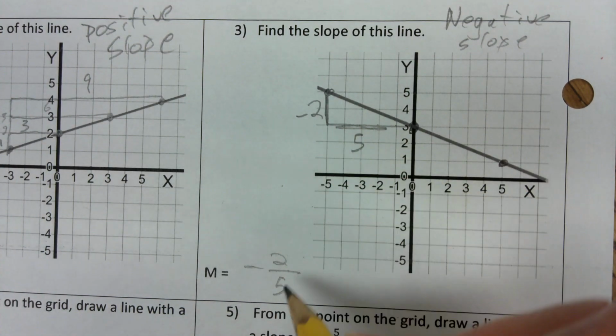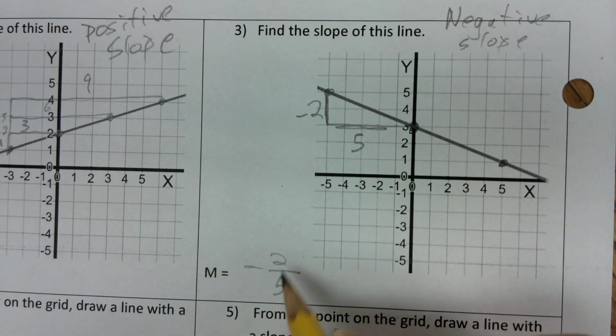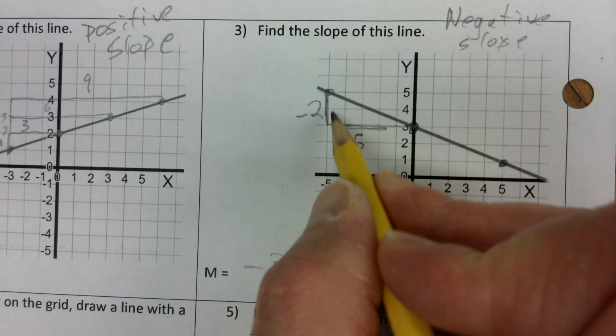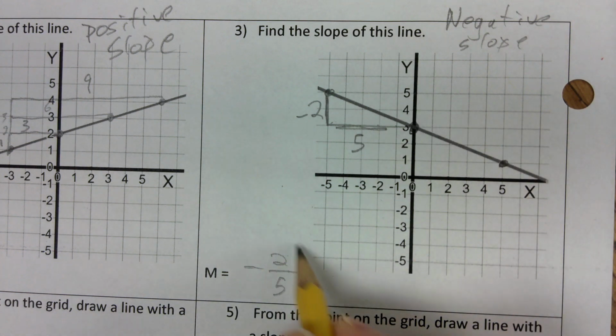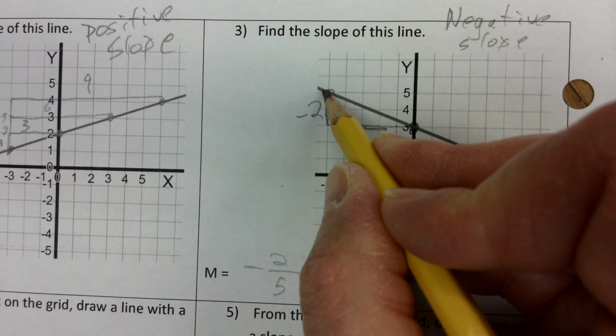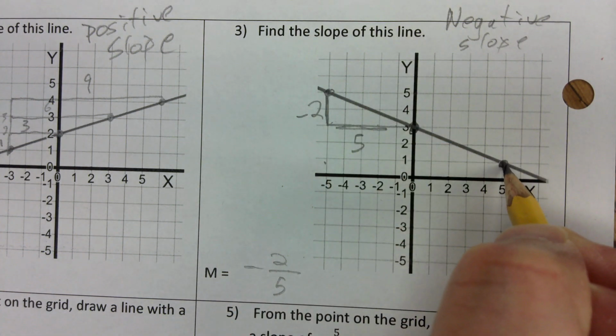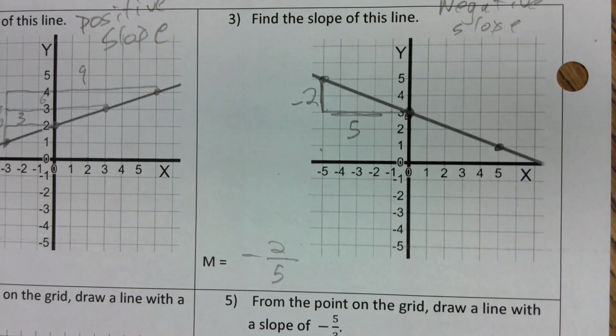So I don't want 2 negatives because it will change that into a positive if I'm dividing, but I have this one negative right here that makes the entire line negative. So that's my negative 2/5. Again, I could go all the way down and go negative 4/10 if I wanted to, and that would be the exact same thing because that's the equivalent fraction right there, okay?